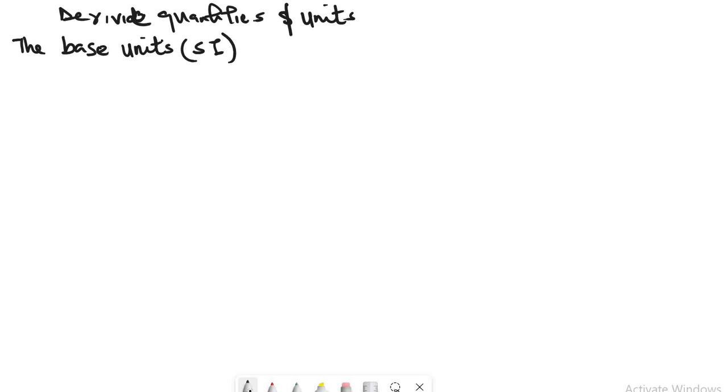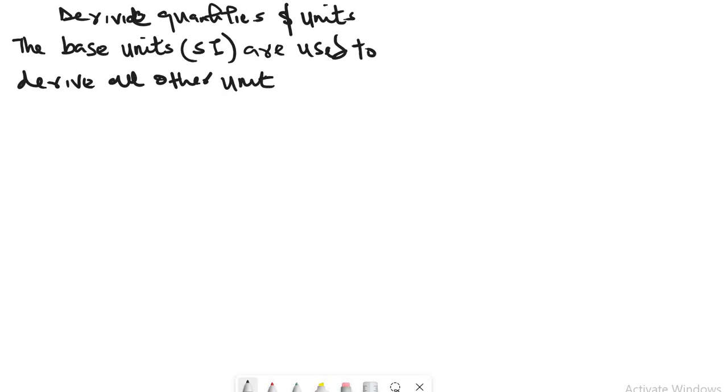The base unit or SI unit are used to derive all other units. What I mean by all other units is that derived units are used to derive all other derived units.